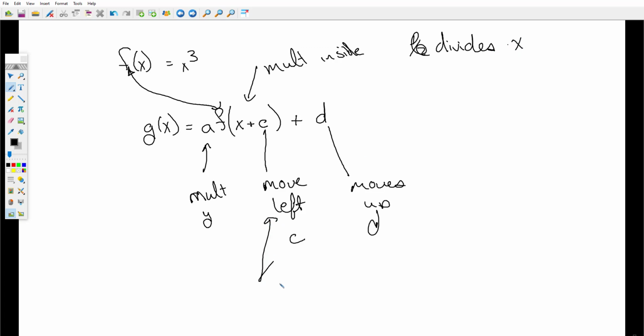So inside is affecting the x, outside the y.